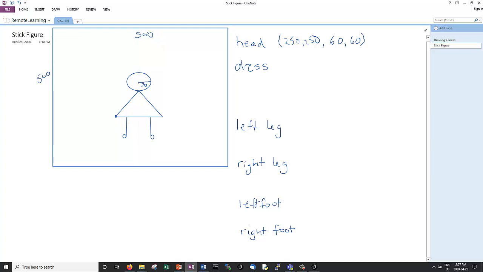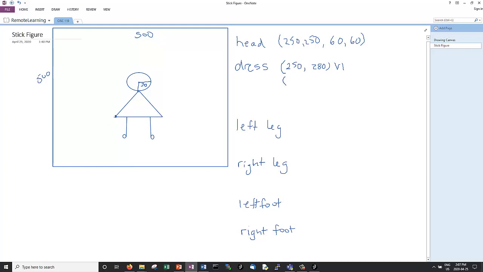Well, the x position is going to be the exact same as the x position for the head, so my first vertex is going to be at 250. My y position is going to be 250 plus, remember my y coordinates go downwards, 30 pixels. So my y position for this is going to be 280. So that's vertex 1.